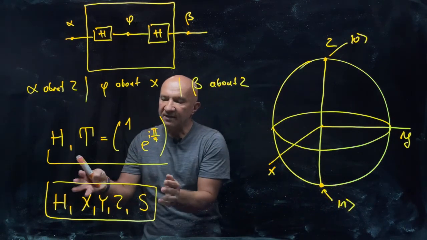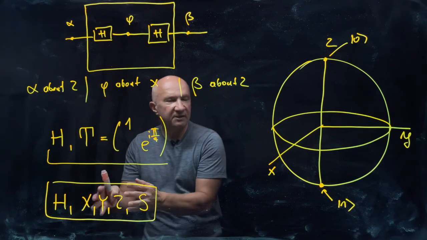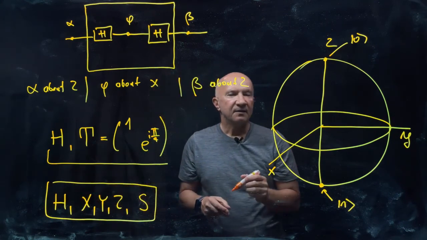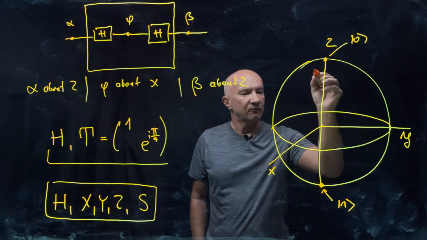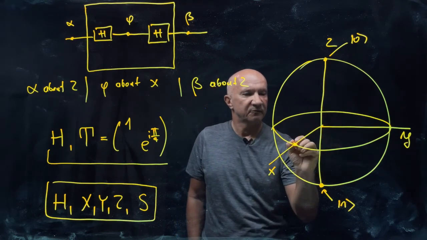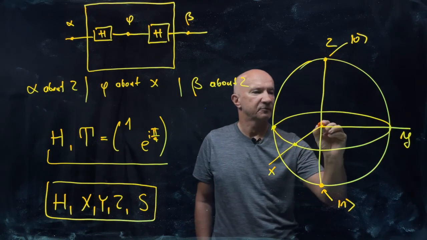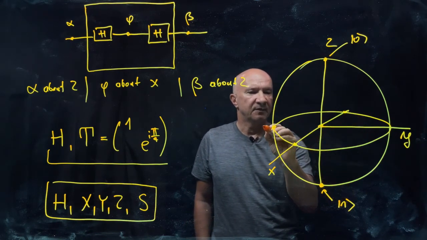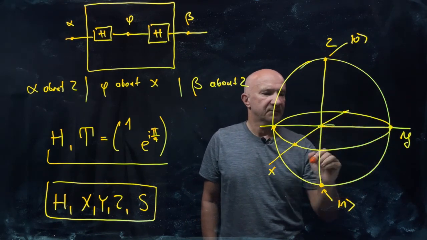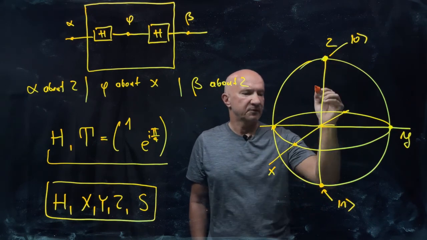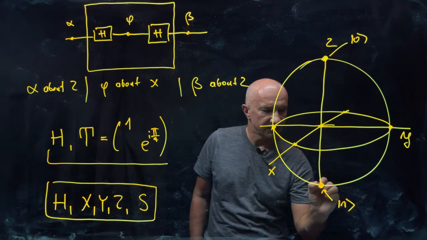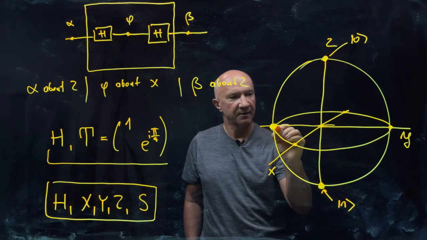If you use any sequence of the Clifford gates, then you will be hopping on the Bloch sphere from one of those 6 points which mark the intersection of those axes with the Bloch sphere. So I have the 6 points. They actually form an octahedron, but not that it matters that much.